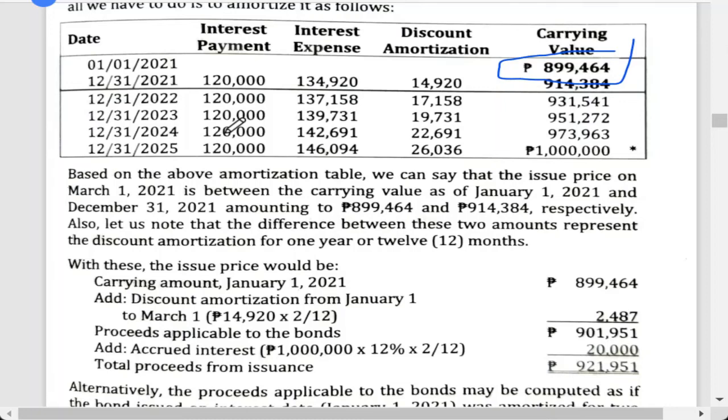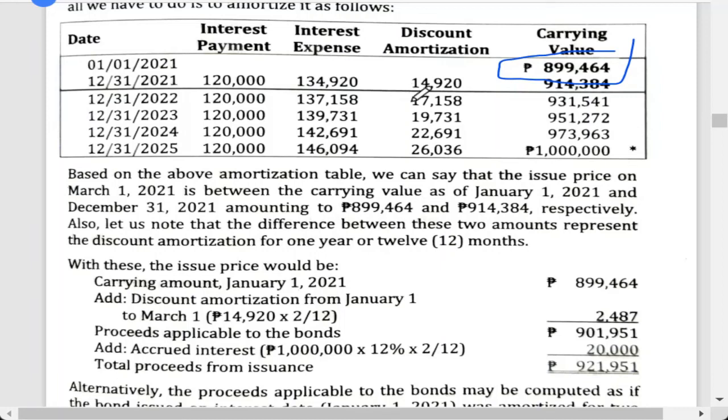So how do we compute? We take the portion of the amortization good for the period covered. The carrying amount on January 1 is 899,464. Compute the amortization from January until March. It was already computed as if the bonds were issued on January 1.